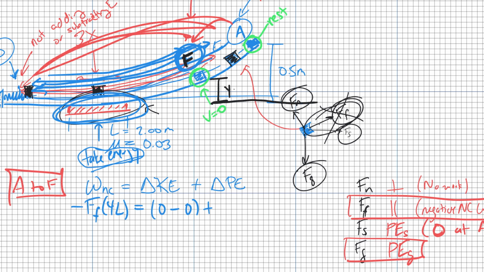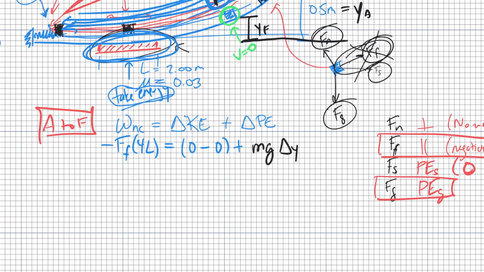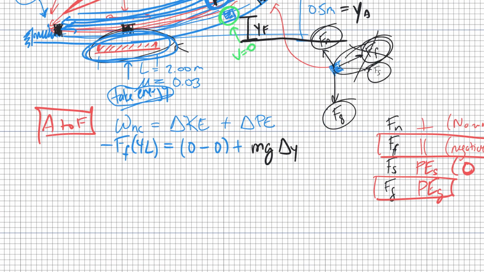Let's call that Y at F. So I've got mg delta Y, where Y at A is the initial height, so the delta Y will be YF minus YA. We're expecting a negative number, right? It went down. Okay, so there's our equation right there.